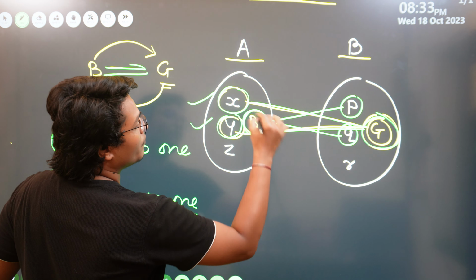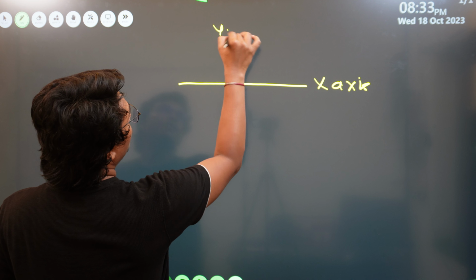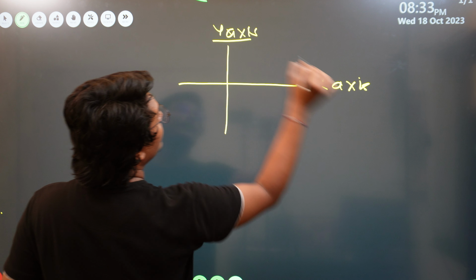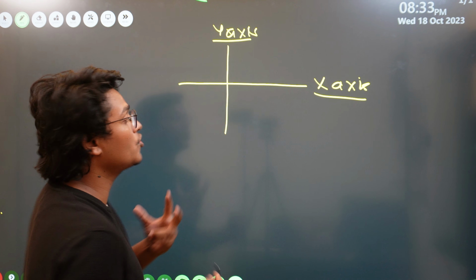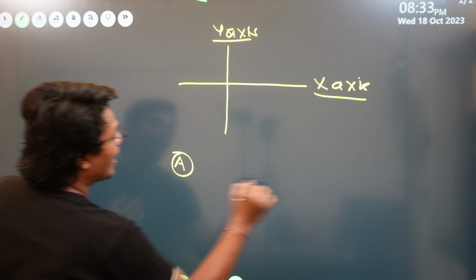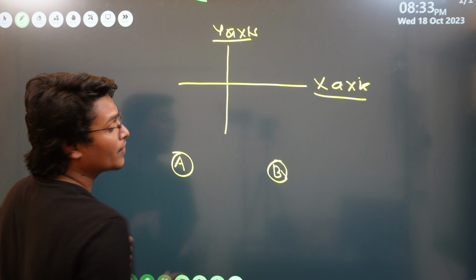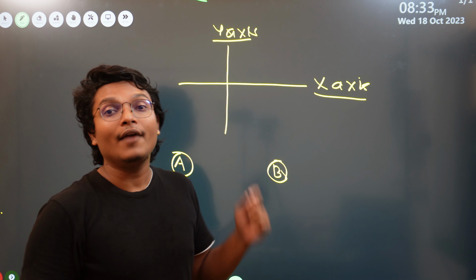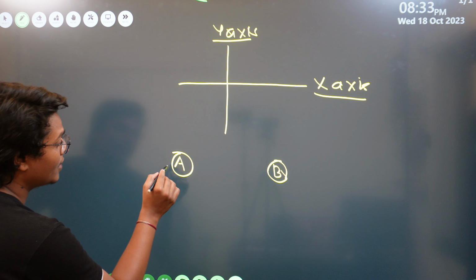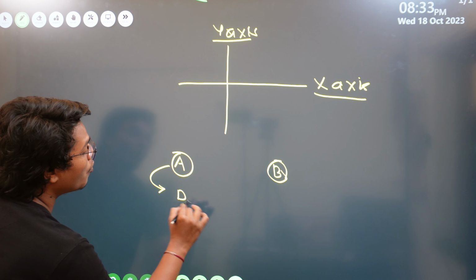Now let us understand this in terms of x and y, in the Cartesian plane. This is the x-axis and this is the y-axis. We have taken two families, family A and family B. Family A is the domain.